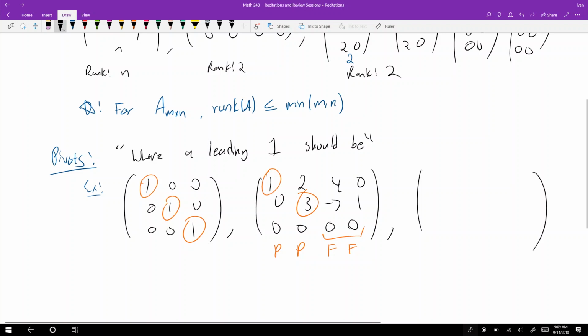So I got 2 pivot columns, got 2 free columns. Now let's take a look at just another non-trivial example. 0, 5, 3, 1, -7, 0, 0, 0, 2, 0, 4, 0, 0, 0, 0, 5. This should be a 4. So what are my pivots?